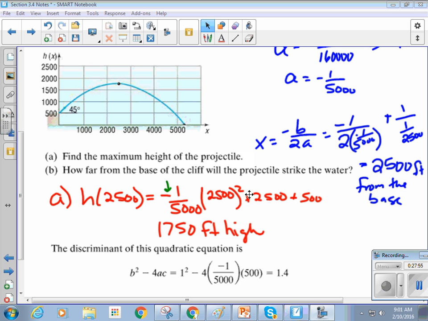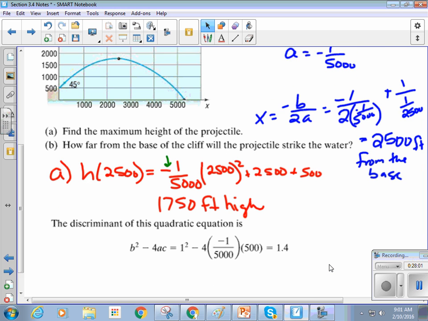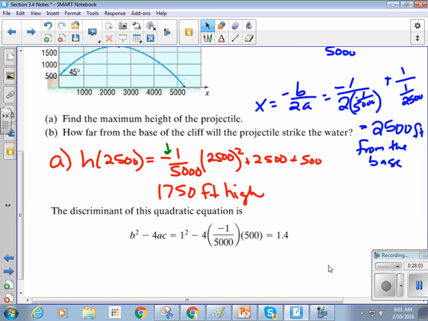All right, so for part B, how far from the base of the cliff will the projectile strike the water? We talked about discriminants yesterday. The reason we do a discriminant is so we know how many zeros we're hunting for. So the discriminant is what's underneath the square root in our quadratic function.